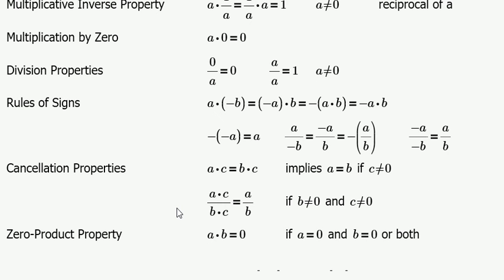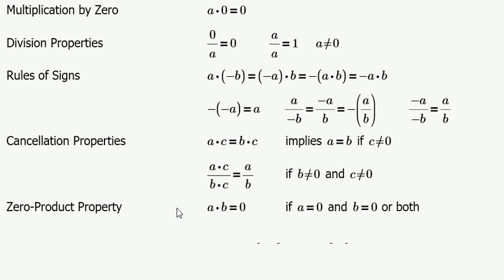Cancellation properties: a times c equals b times c implies a equals b, if c is not equal to 0. a times c divided by b times c is equal to a by b if b and c are not equal to 0. Zero product property: a times b is equal to 0 if a is equal to 0 or b is equal to 0 or both a and b are 0.